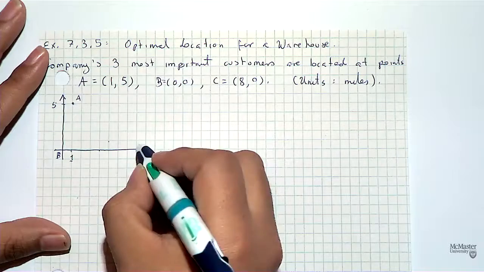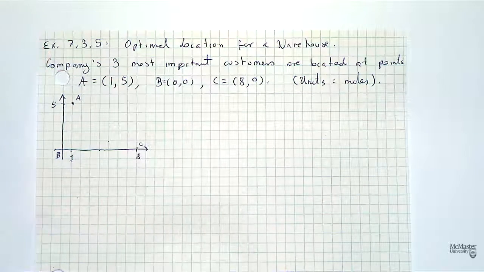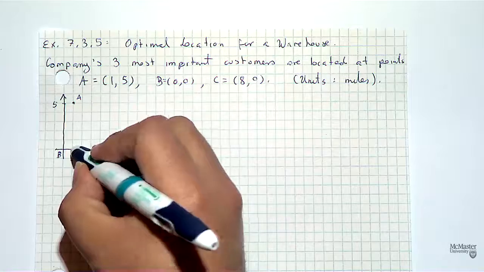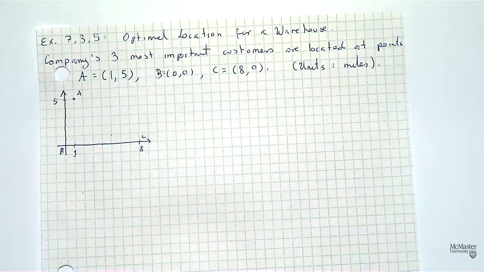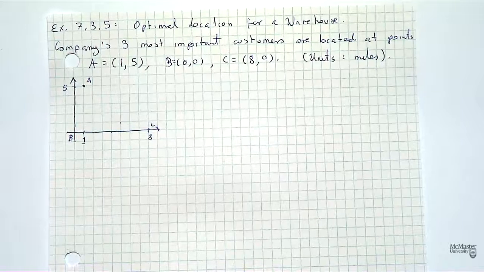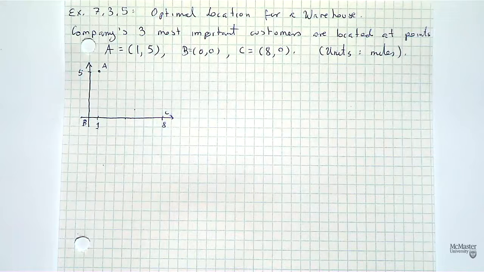And the point 8, 0 would be C. Now, you're going to establish a warehouse from which you will distribute to these three providers, which are the ones that buy most from you. And geometrically, of course, we're making many assumptions about the structure of the streets in the city, whatever. But let's imagine that you have a grid like this that's actually related to something called the Manhattan norm or the taxi norm.